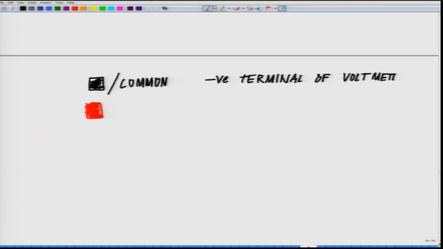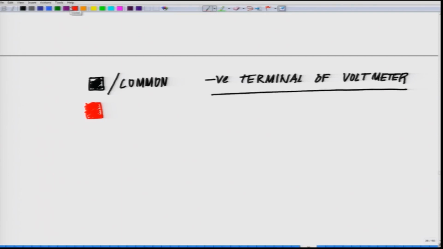The negative terminal of a voltmeter is sometimes labeled as common. This one is also called common, and this is the negative terminal of the voltmeter. Okay. Keep this in mind, this may come very handy.